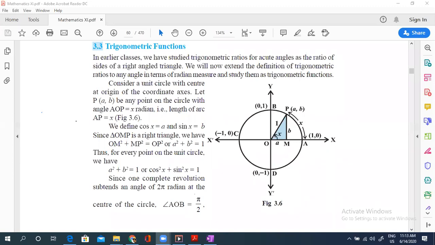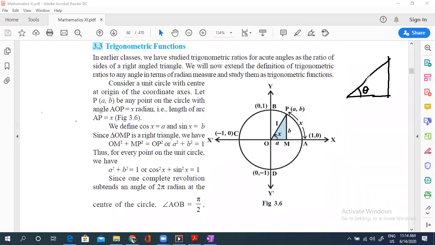When we talk about sides and angle in trigonometry, we generally talk about a right angle triangle. Suppose I have a right angle triangle like this. We consider one angle as the reference angle, suppose this is theta.